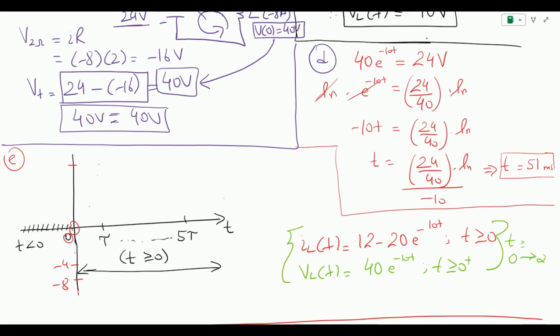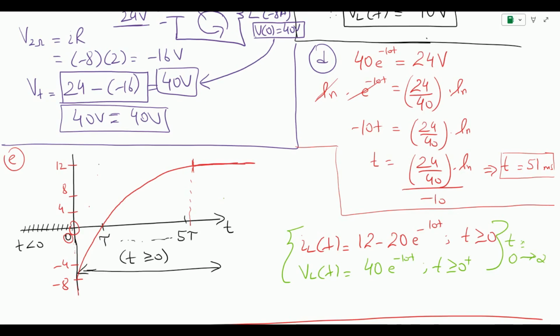Similarly, the scale on the upper side will be the same, so 4, 8 and 12, for the current. Okay, and so we can plot this, then we know that this is going to be a rising function. So the behavior of the current is going to be something like this, and this is the time where it becomes 5t, and this is a saturation point. So this is the current behavior that we are going to have starting from minus 8.